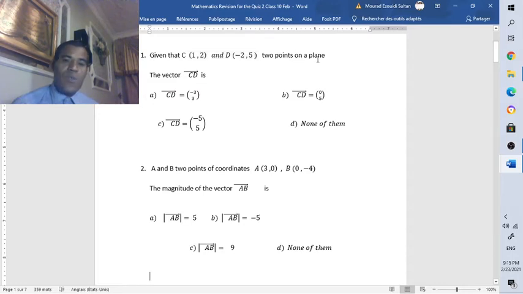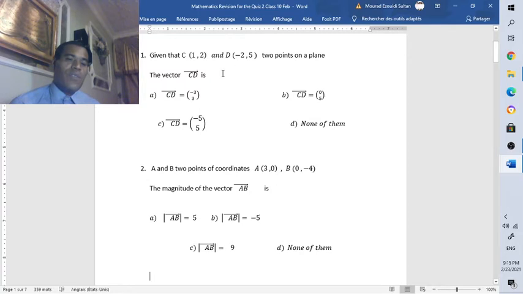Two points on the Cartesian plane. Here the question, my learners: you will try to figure out the components of the vector CD, or write the column vector of the vector that translates C to the point D.